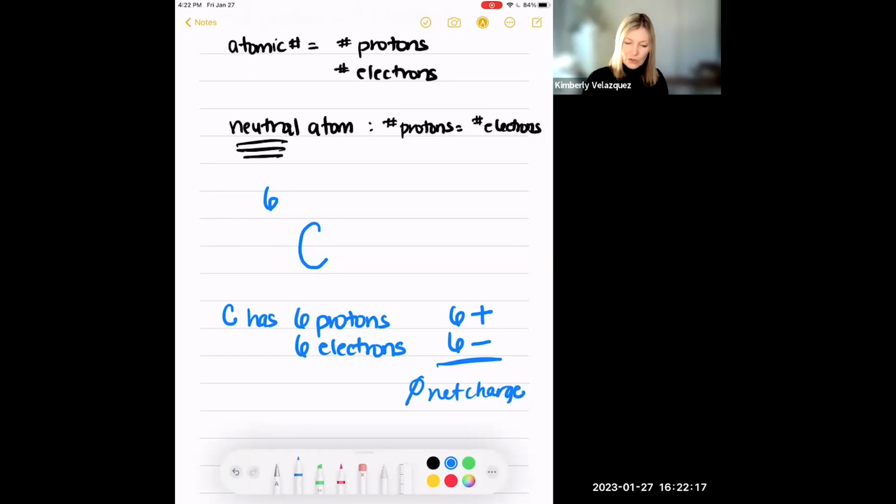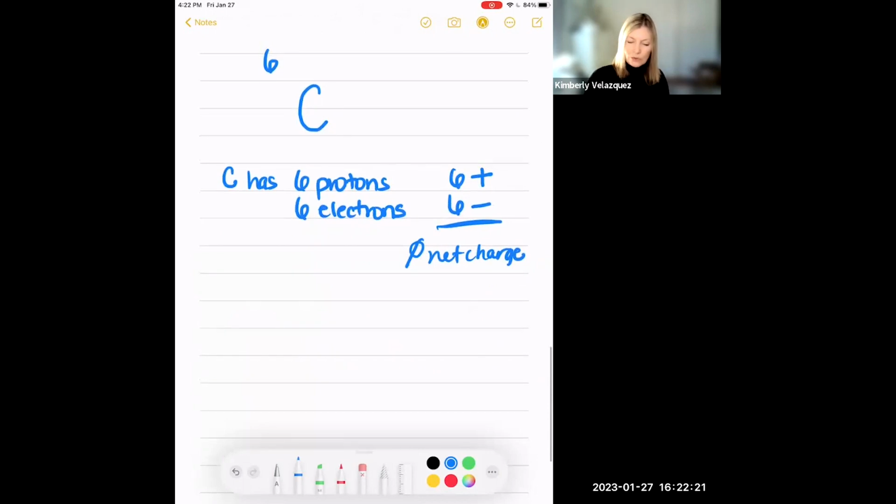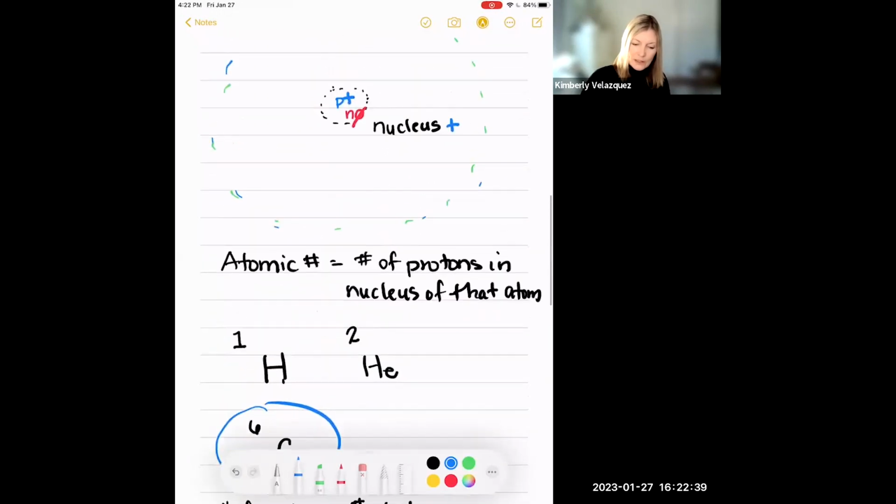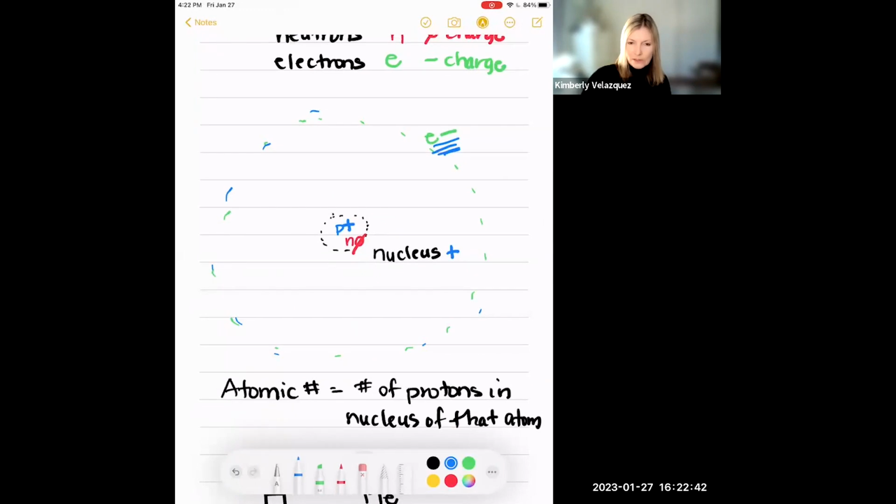Those balance each other. Not only do they balance each other, but something you might know about electrical charge is that opposite charges attract. In other words, positive and negative are attracted to each other. So that means those electrons that are orbiting outside the nucleus are attracted to those positively charged protons.